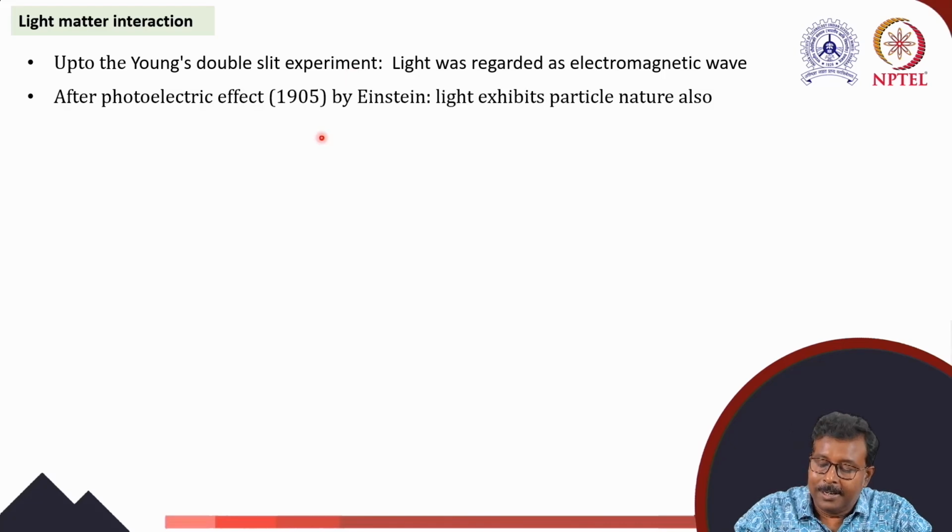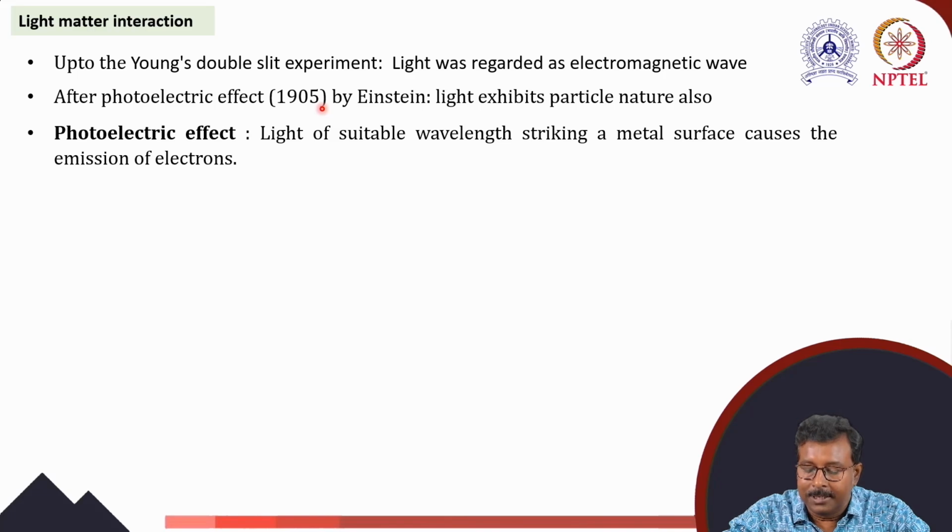But in 1905, Einstein, the renowned scientist, explained the photoelectric effect. That means on incidence of light of suitable wavelength on a material, it can eject some electrons. This is the basis of the photoelectric effect. And if light is a wave, how can it interact with the electron?